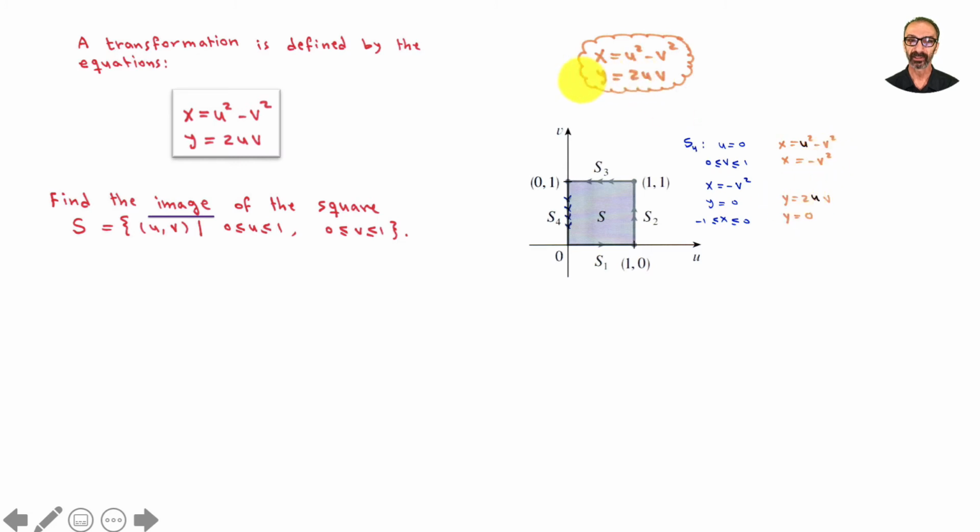And y, the second part, is 2uv, but u is 0, so y is 0. All right. So that's for the y part. That's for the x part. X equals minus v squared and y equals 0. As v changes from 1 to 0, x will change from -1 to 0.